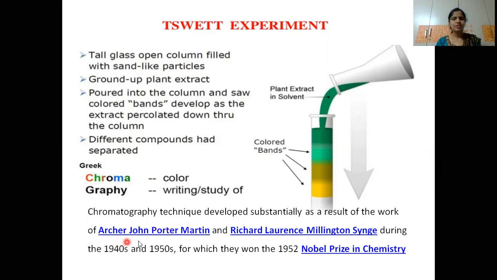The full names are Archer John Potter Martin and Richard Lawrence Millington Synge, or you can simply call them Martin and Synge. These two scientists developed this technique further, and they won the Nobel Prize in Chemistry in the year 1952. They evolved all the other chromatographic techniques based on the same principle.